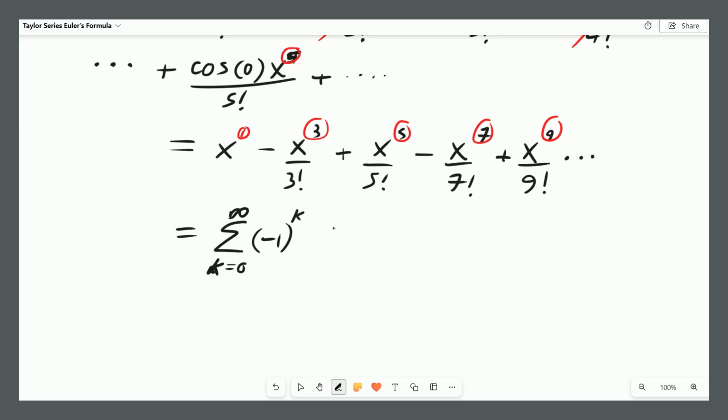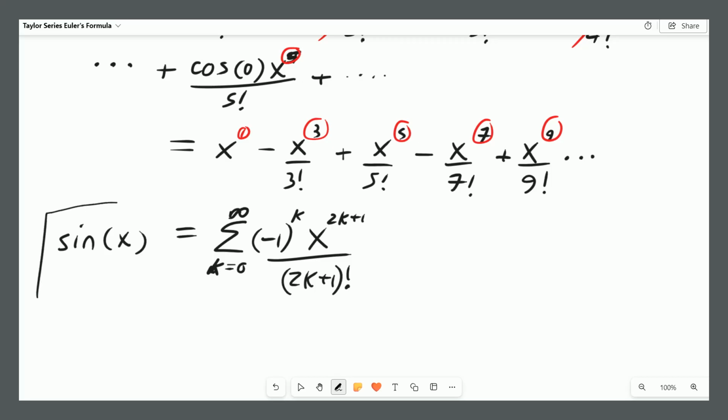And then how do we ensure that everything's an odd number here? Well, that's going to be x to the power of 2k plus 1 divided by 2k plus 1 factorial. And that is equal to the sine of x.